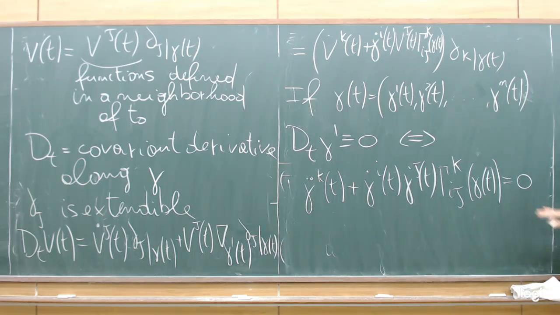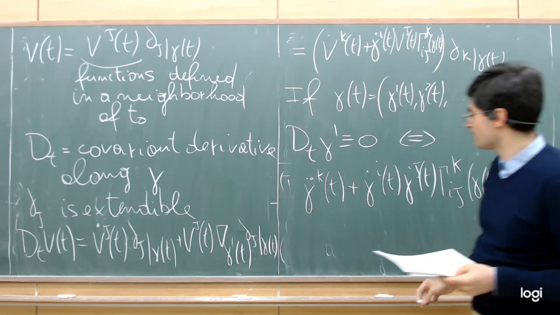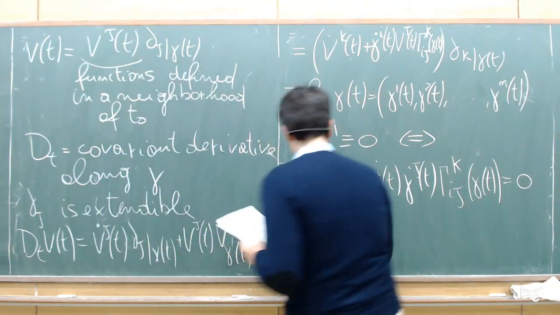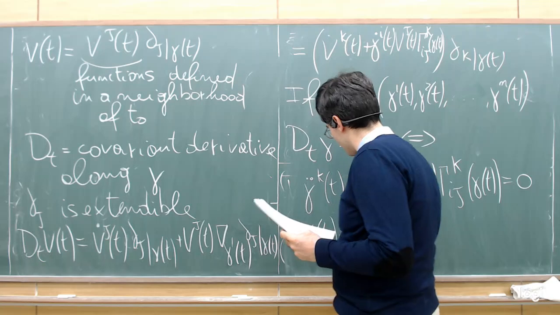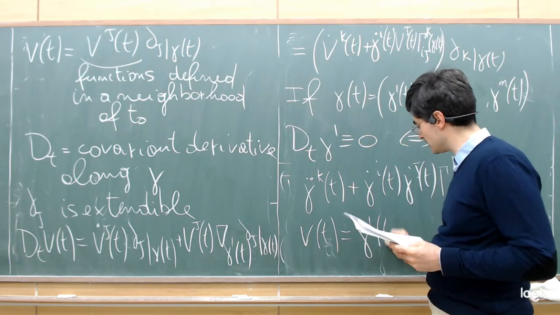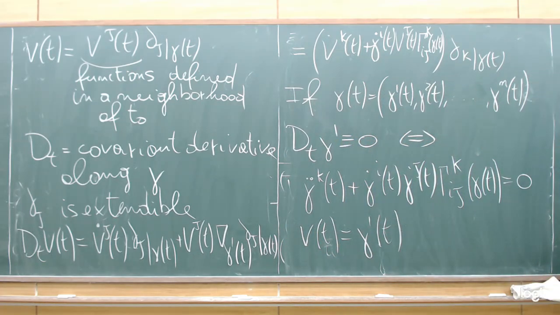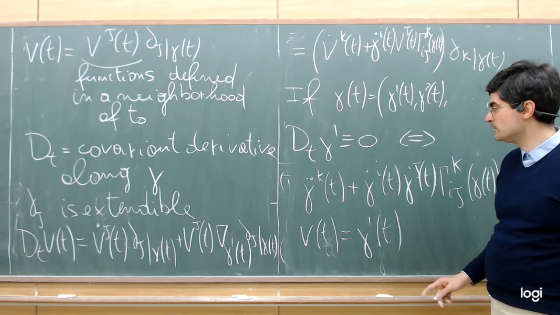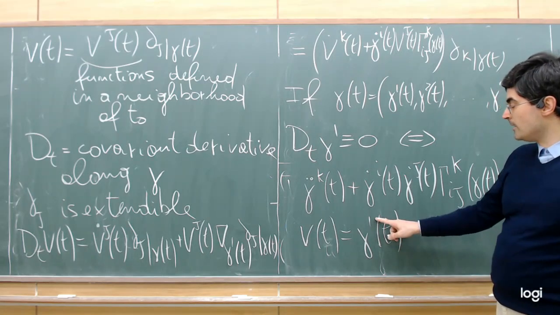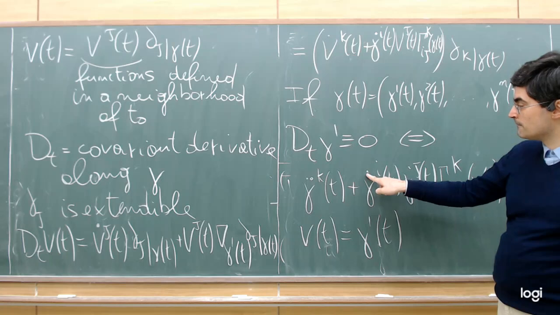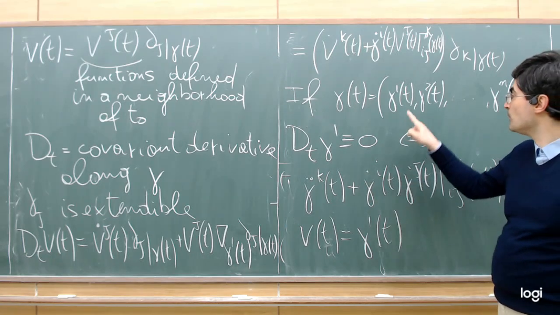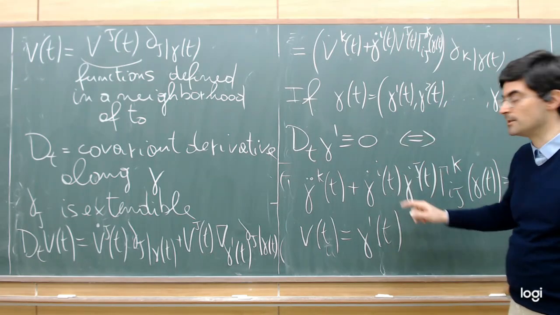So I got this formula using the previous formula, where V(t) is replaced by gamma prime(t). And I made a change of notation: I used the dot symbol when I differentiate a component function with respect to the variable t.